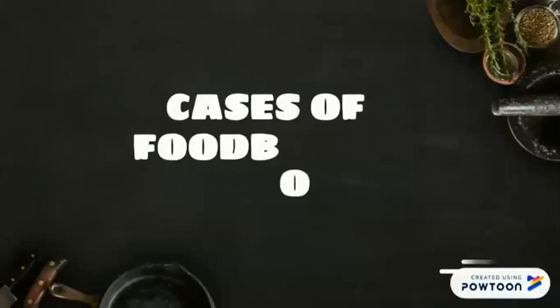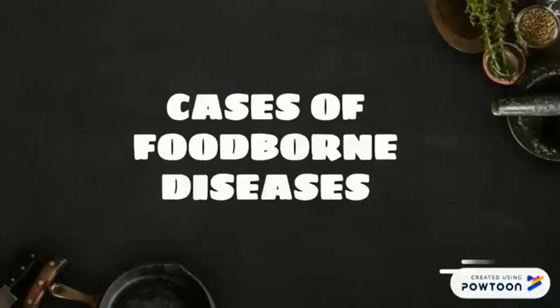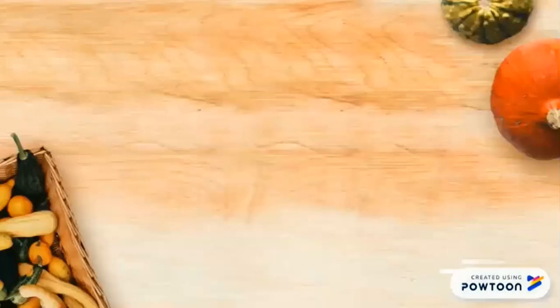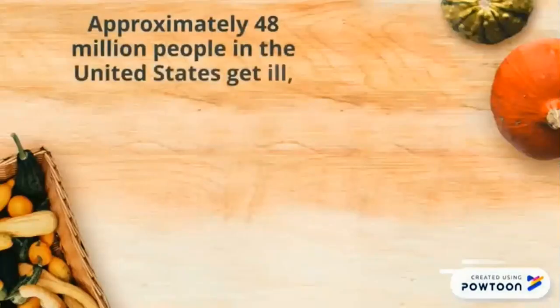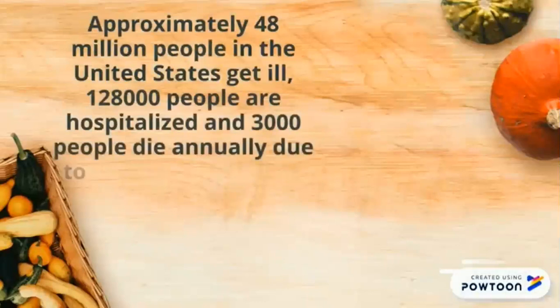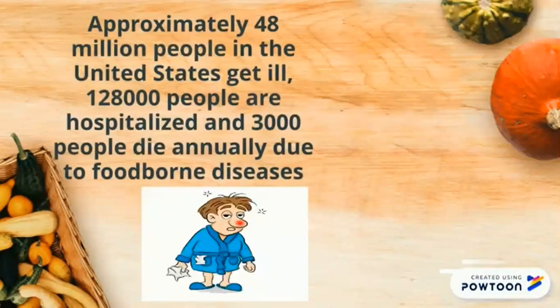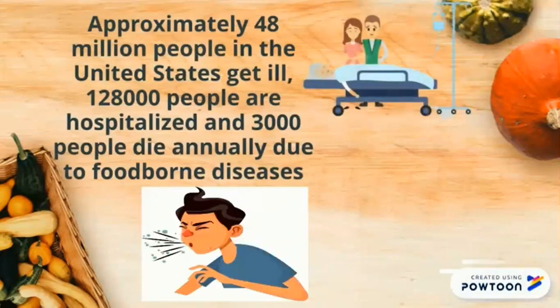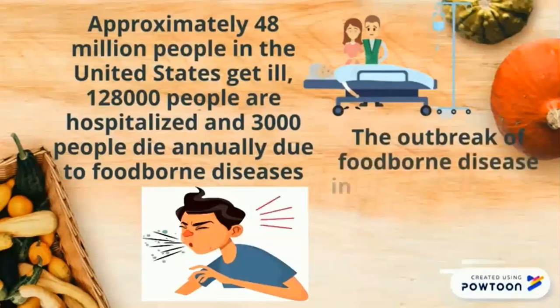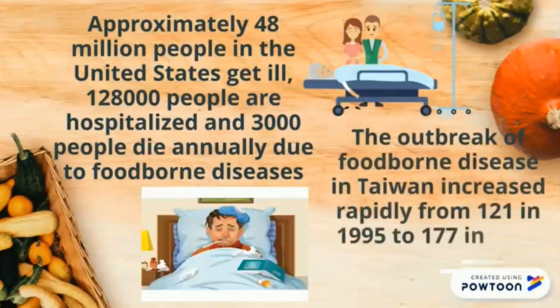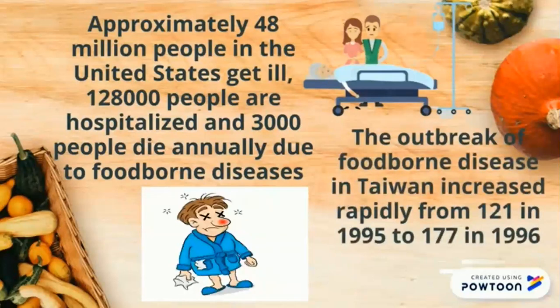Cases of foodborne disease: approximately 48 million people in the United States get ill, 128,000 people are hospitalized, and 3,000 people die annually due to foodborne disease. The outbreak of foodborne disease in Taiwan increased rapidly from 1 in 1995 to 177 in 1996.